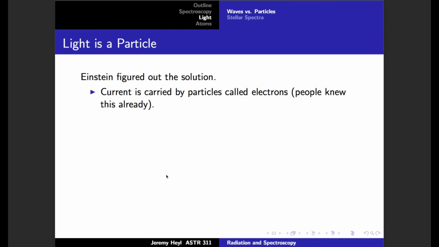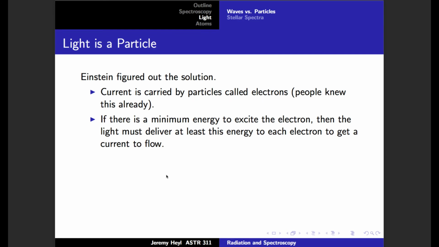So Einstein, the same Einstein of everything else, came up with a solution. People knew at this time that current was carried by particles called electrons. Electricity was carried by individual particles called electrons, and people knew what the charge and the mass of one of these single electrons was.